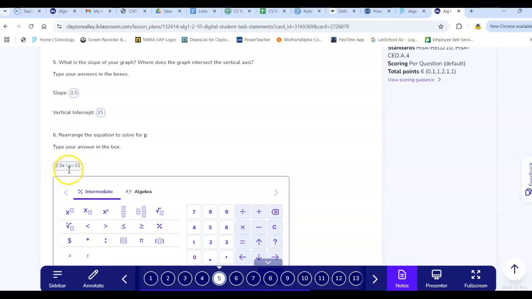So how do I do that? See this plus 2.5x? I have to subtract it. So I'm going to do that, okay? Minus 2.5x. And because it's an equation, I got to do the same thing to both sides. So I will. So now I can get rid of all of this on this side because I canceled it out. And this is my new equation.